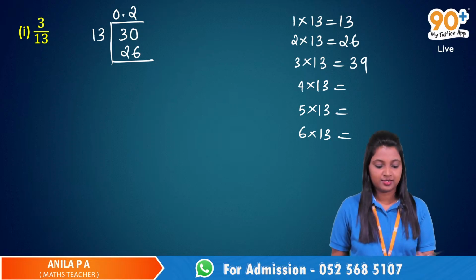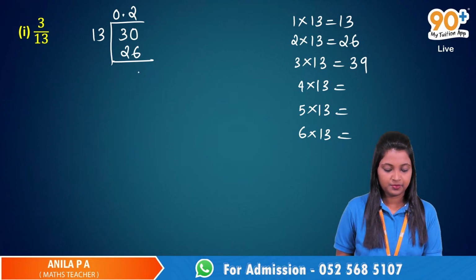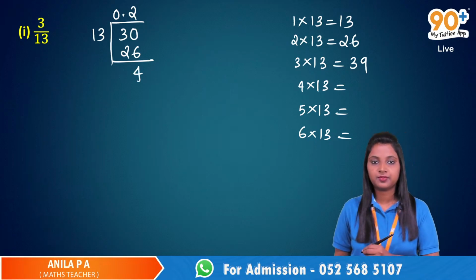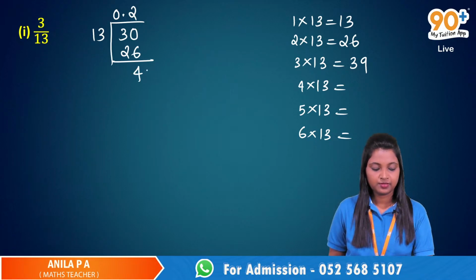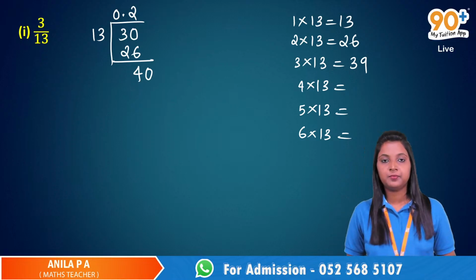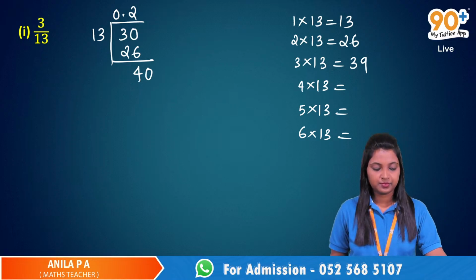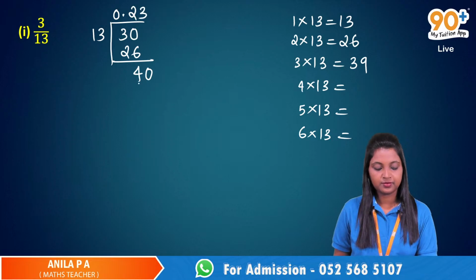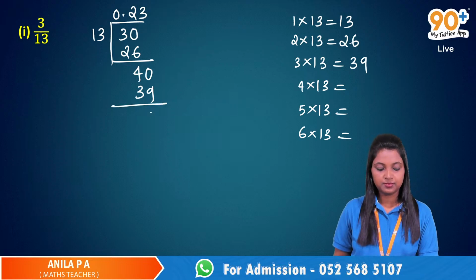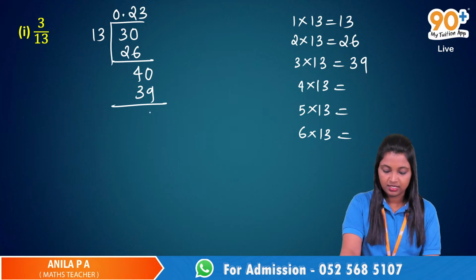And then we subtract: 30 minus 26 is 4. Then we add another 0 to make 40. Then we write 3, 3 times 13 is 39. The remainder is 1.